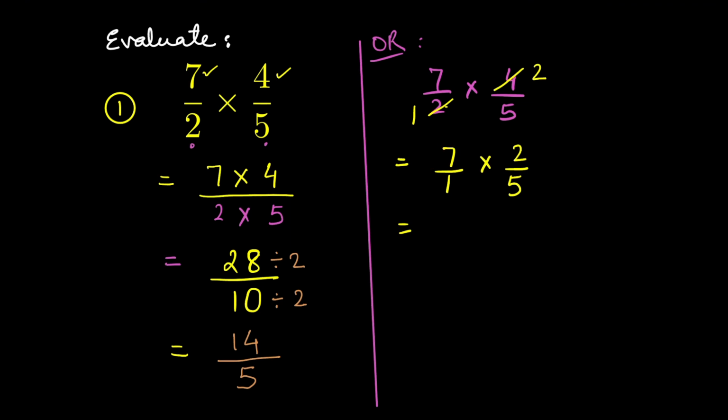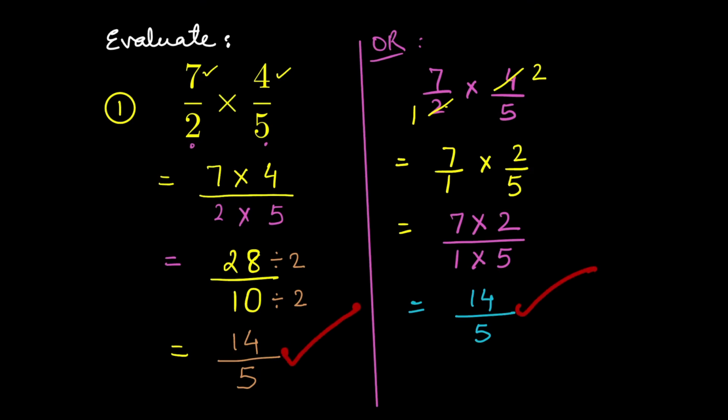Now we follow the same method: top number multiplies to top and the bottom number multiplies to the bottom. 7 times 2 is 14 and 1 times 5 is 5. So we got the same answer which we got in the previous method. You can follow any method. These are small numbers, but when you have bigger numbers, it's always good to use this method.